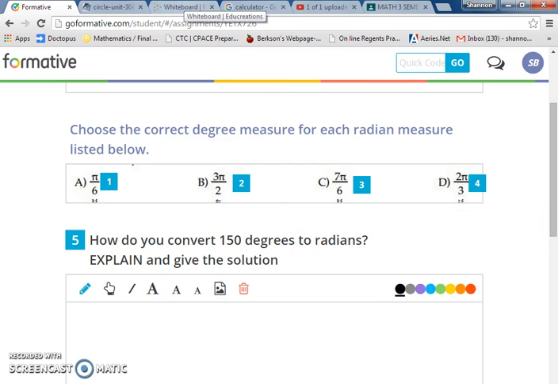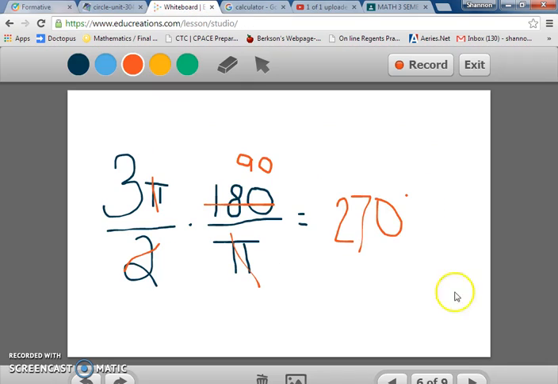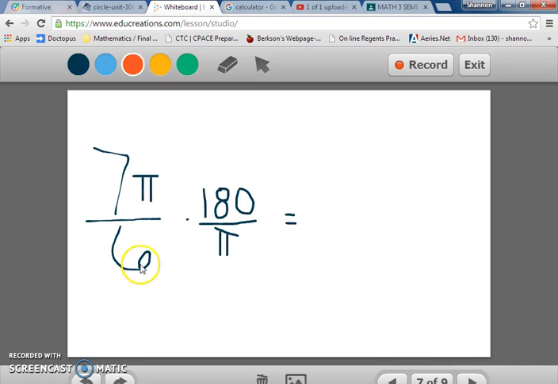7 pi over 6 for letter C. We're in radians again, so we need to multiply it by 180 over pi. Pi will cancel for both. We can multiply straight across, or we can divide ahead of time. 6 goes into 180 30 times. 7 times 30 is 210.